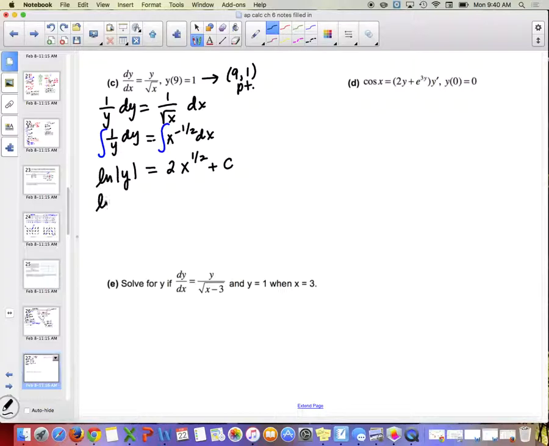So we're going to plug in 1 for y and 9 for x, and we're going to solve. All of you should be able to do this in your head. So 9 to the 1/2 is what? 3. So you have 2 times 3 is 6. What's natural log of 1? 0. So you get c is equal to negative 6.